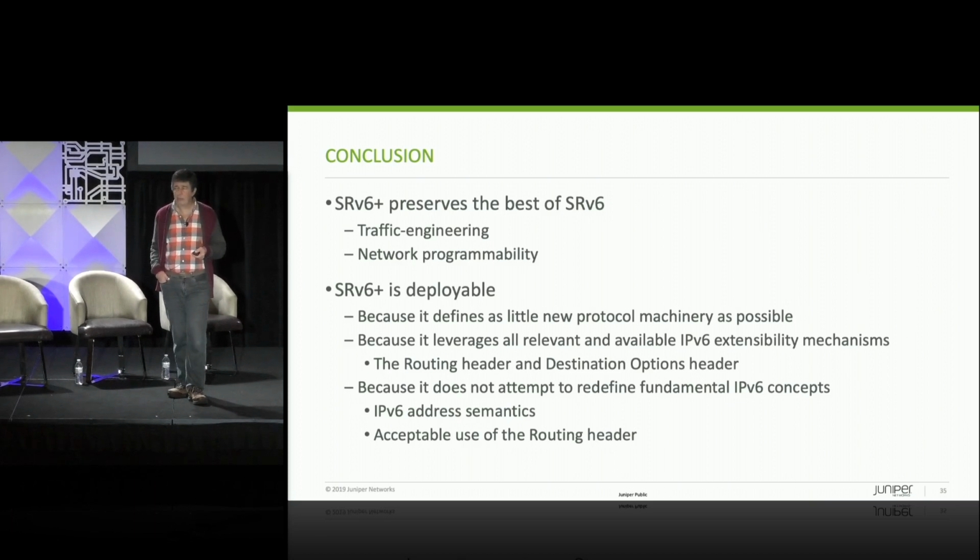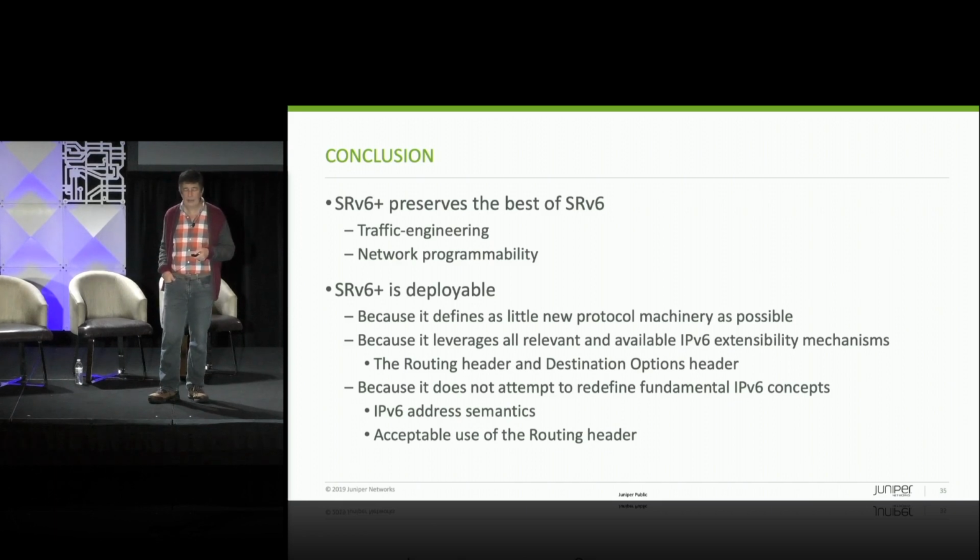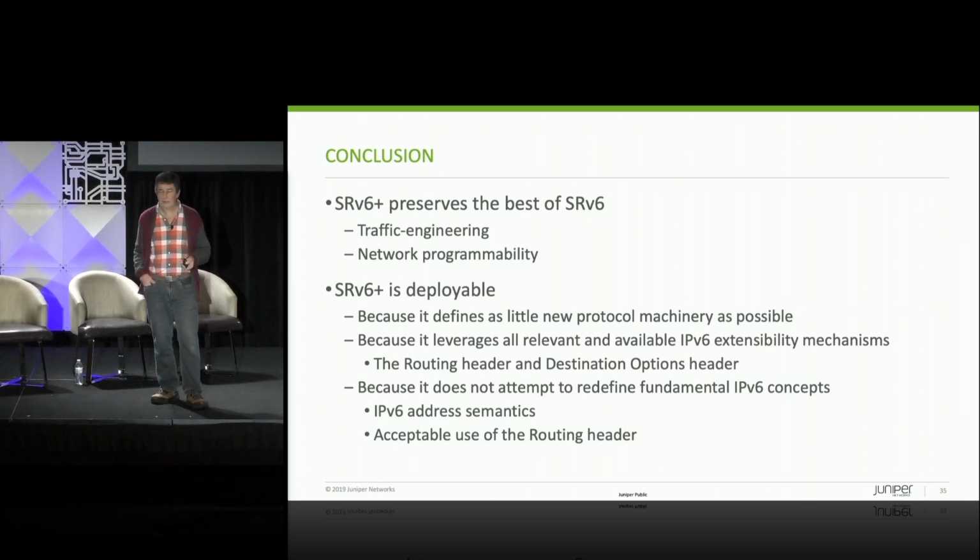Instead of deploying new protocol machinery, it leverages relevant and available IPv6 extensibility mechanisms, the routing header and the destination options header. And it doesn't attempt to redefine fundamental IPv6 concepts, like the IPv6 address semantics or acceptable use of a routing header.